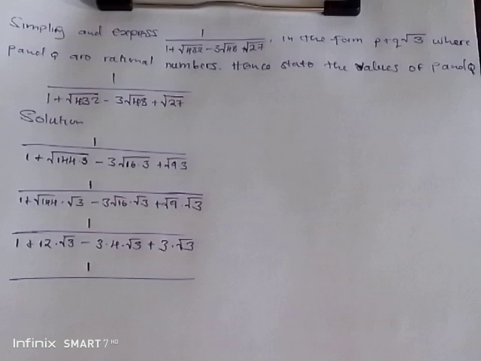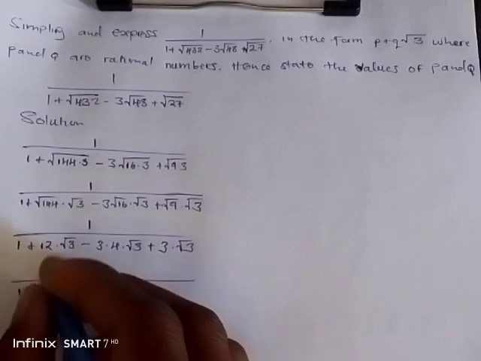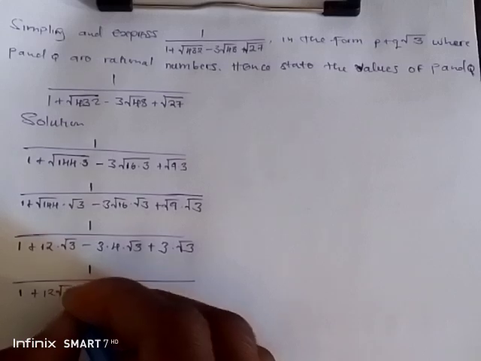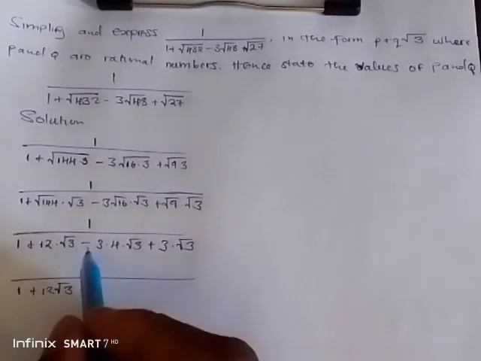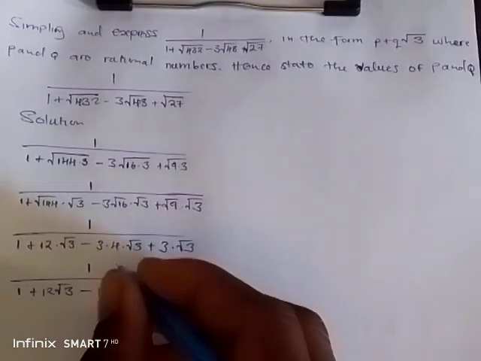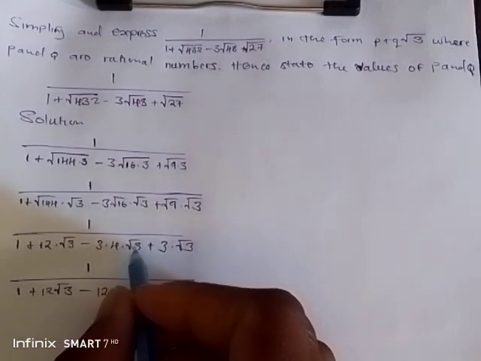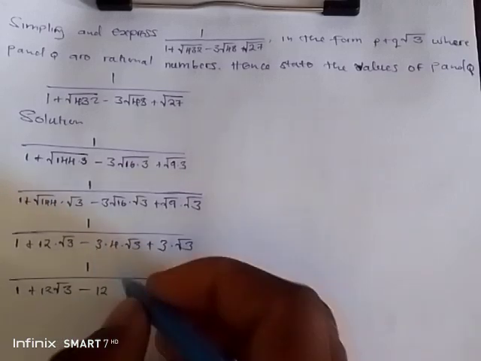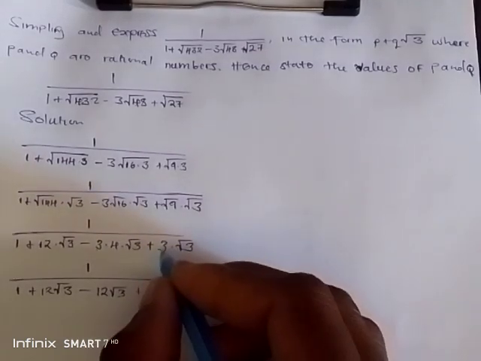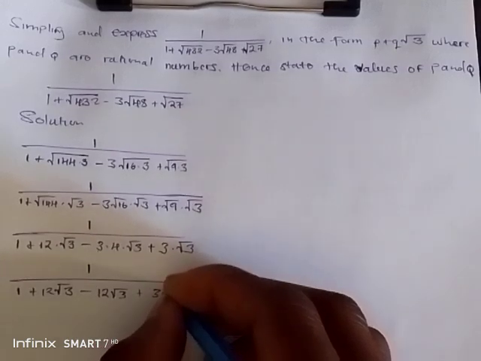We can say 1 over everything. Then we can now start multiplying. So we are going to say 1 plus 12 times this, that is 12 root 3, minus 3 times 4, that is a 12, then since everything here is multiplying, 3 times 4 times this, we are going to have 12 root 3. Plus 3 times that one, we are going to have 3 root 3.